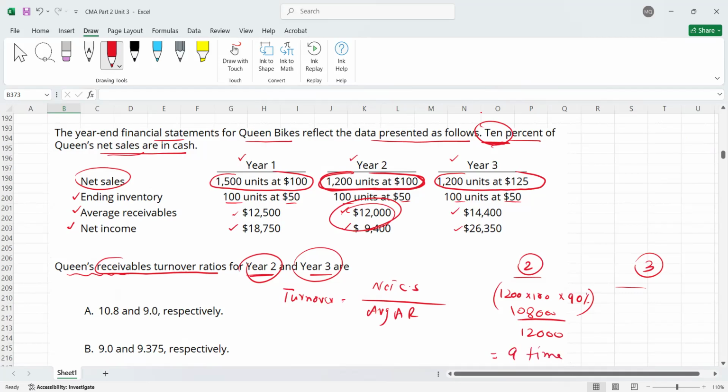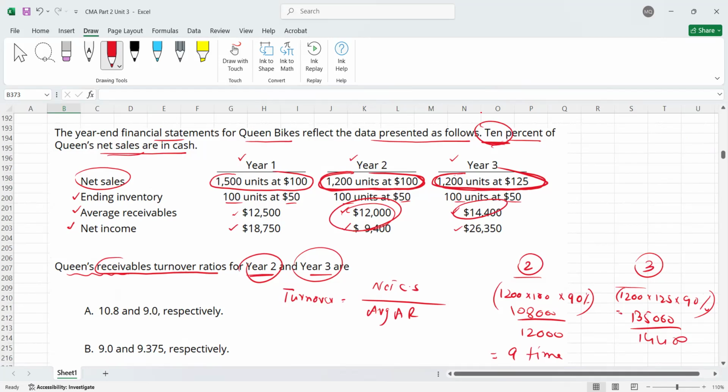If you solve 108 divided by 12, the answer is 9 times. This is for year two. Now do year three also. This is your sale, 1,200 into 125 into 90%. It will be 135,000 divided by the average receivable given, 14,400.